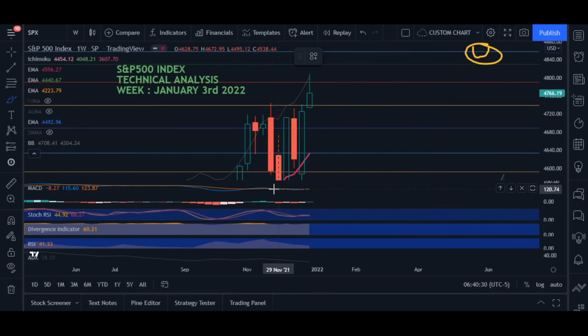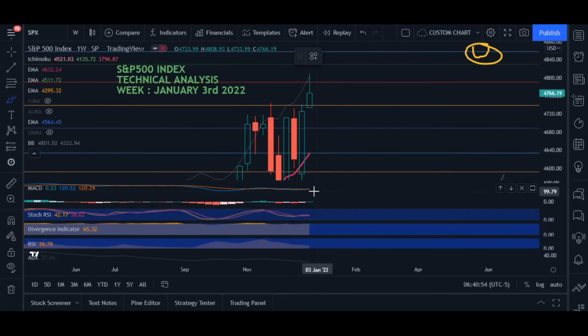Last time this was the candle when the MACD was positive, meaning when the MACD was supporting the bullish movement. So almost after one month, the MACD is bullish on the weekly chart again.